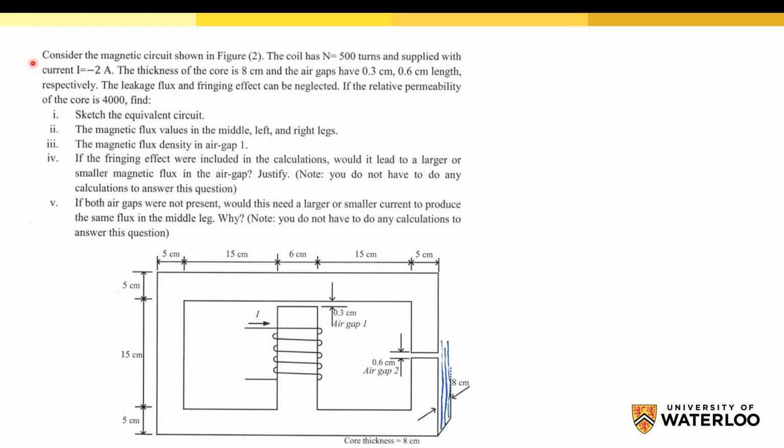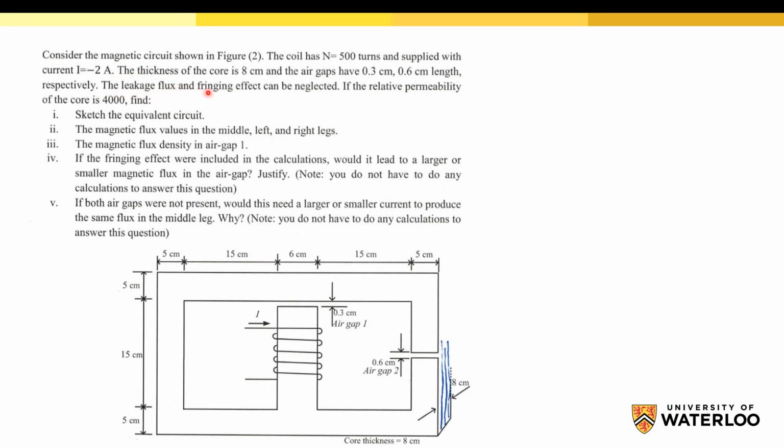Okay, let's start. Consider the magnetic circuit shown in figure 2, which is this figure. The coil has 500 turns and is supplied with current equal to 2 amps. The thickness of the core is 8 centimeters, representing this depth. And the air gaps have 0.3 centimeter and 0.6 centimeter lengths, so the lengths of the air gaps are given.